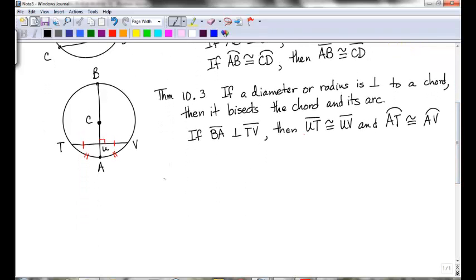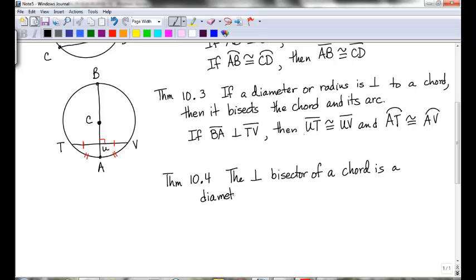Okay. Theorem 10.4. The perpendicular bisector of a chord is a diameter or a radius of the circle.